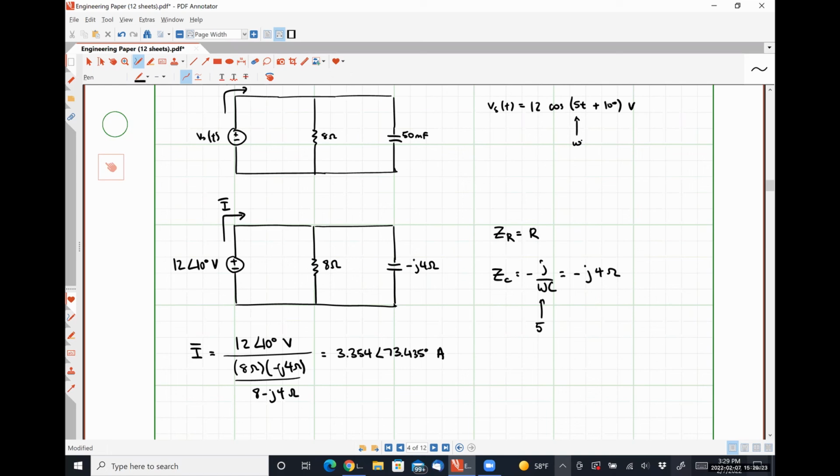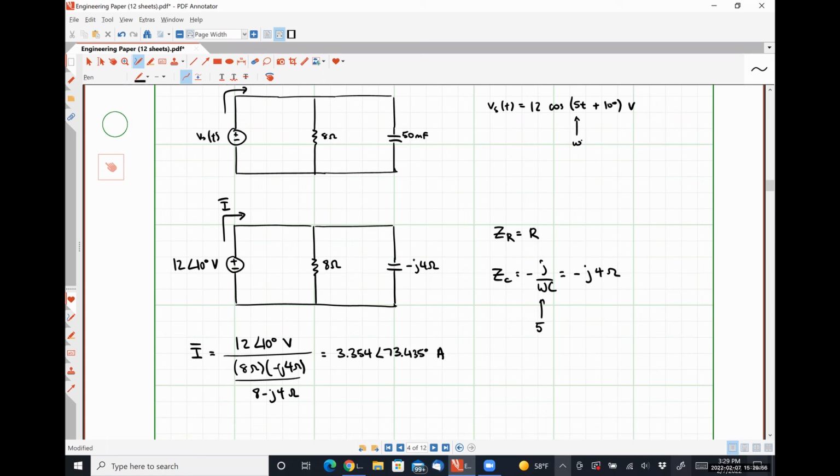We could do things like current division, voltage division, source transformation, nodal, mesh, superposition, Thevenin and Norton equivalent circuits. Literally all of our DC circuit analysis that we learned over the first 3 to 3.5 weeks of this class are all back now. The only wrinkle is that they use complex number relationships. Everything else is literally exactly the same.